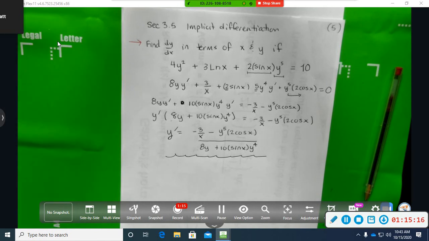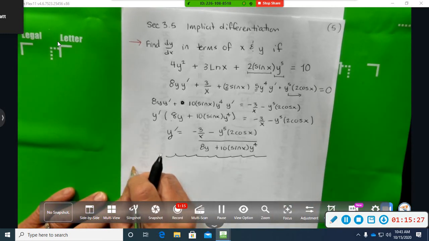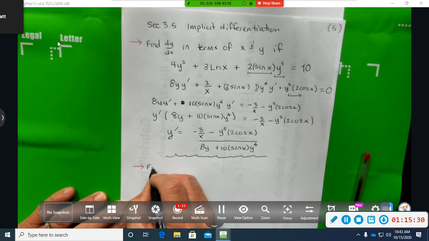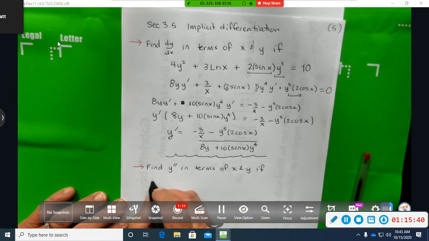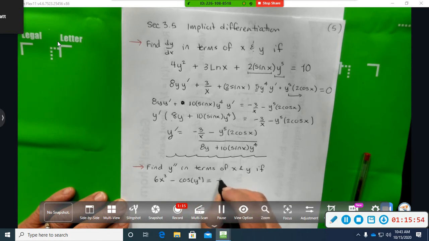All right, let's find a second derivative. Find y double prime in terms of x and y if you have, I don't know, 6x cubed minus cosine of y squared is equal to the square root of pi.